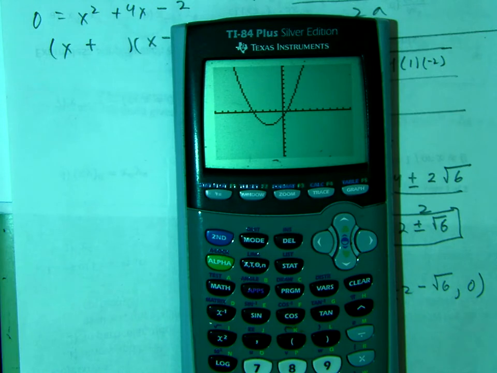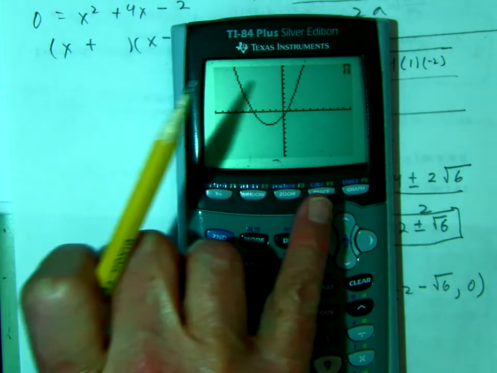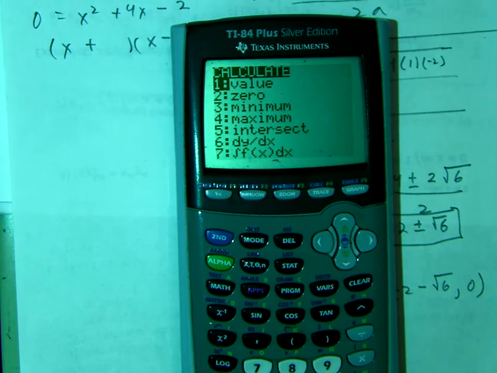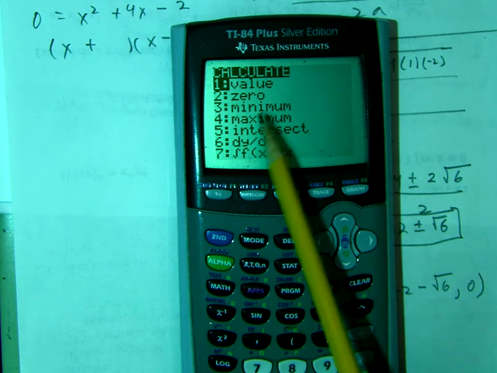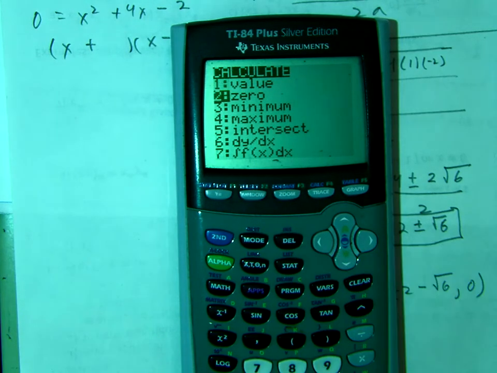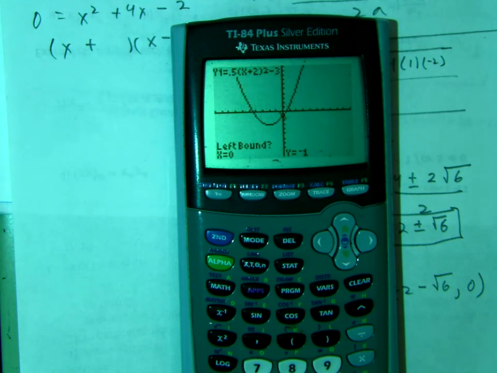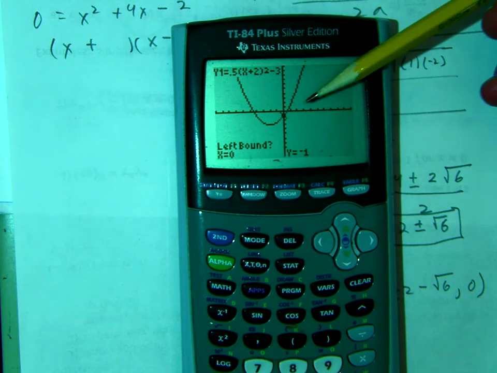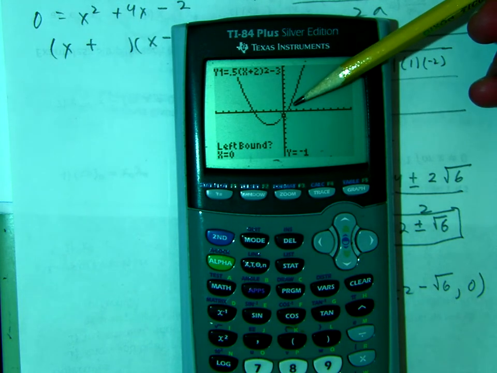Let's find the intercepts. And we're going to find that using second calc, the second trace button. These are called zeros. So they're also called roots. The intercepts are the zeros or the roots. I hit enter, and this is saying what's the left boundary of the zero I'm looking for.